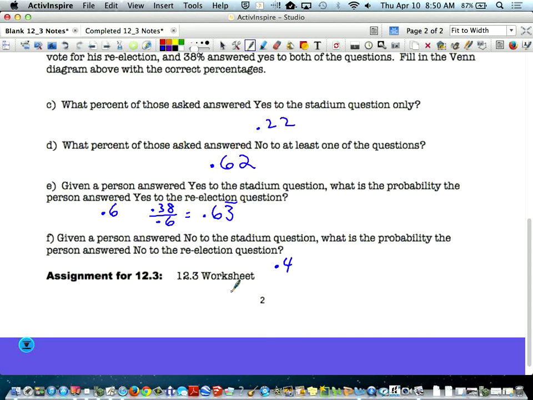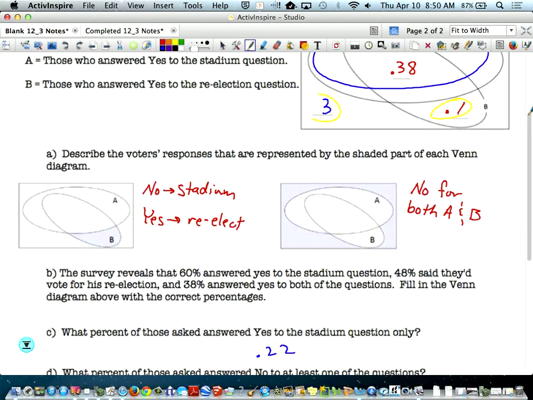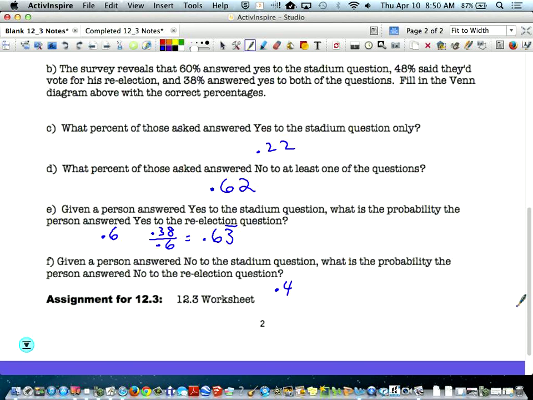Of those people, what is the probability that they answered no to the re-election question? So 40% of our survey said no to the stadium. So what's the probability that they said no to the re-elect? So you're given this group.